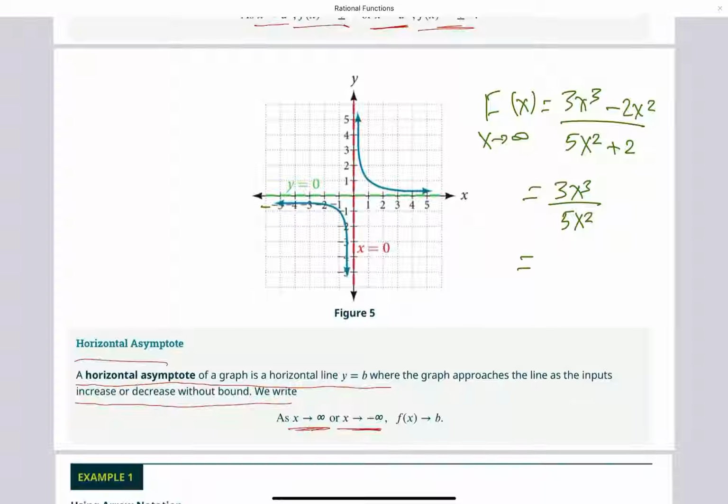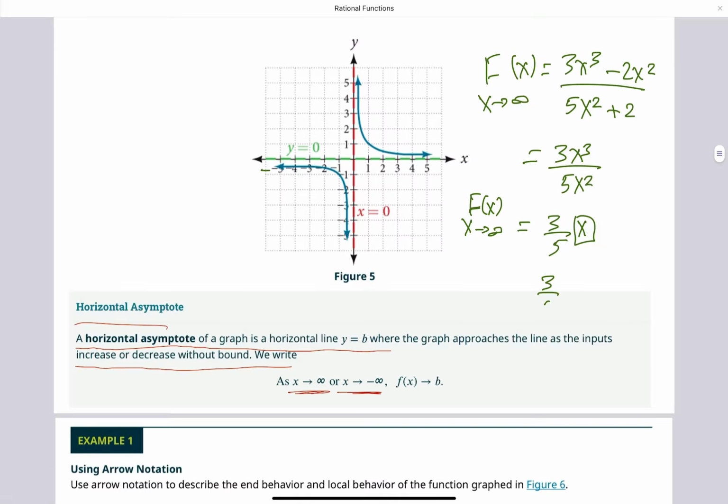If I divide, 3 divided by 5 is just 3/5. X cubed by x squared is x, correct? Now, if I plug in infinity, what do I get for f of x? Well, plugging in infinity, I'm simply left with 3/5 multiplied by infinity, which equals infinity. Do I see any number going on? Do I see a b value?